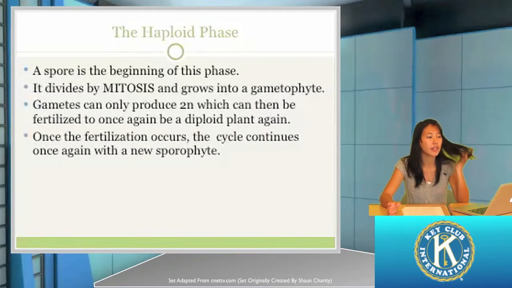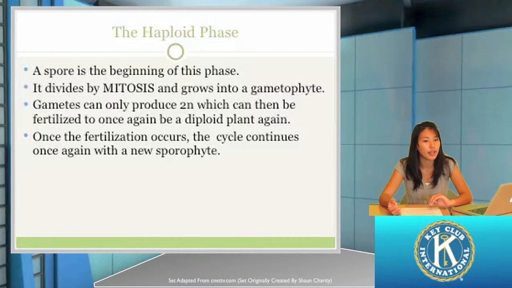In the haploid phase, it begins with a spore, and it divides by mitosis to grow into a gametophyte. So in this case, the gametophyte produces gametes, whereas the sporophyte produces spores.